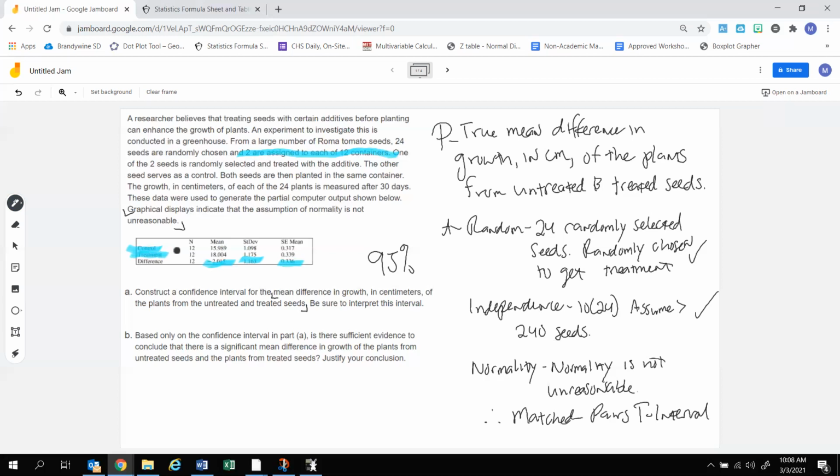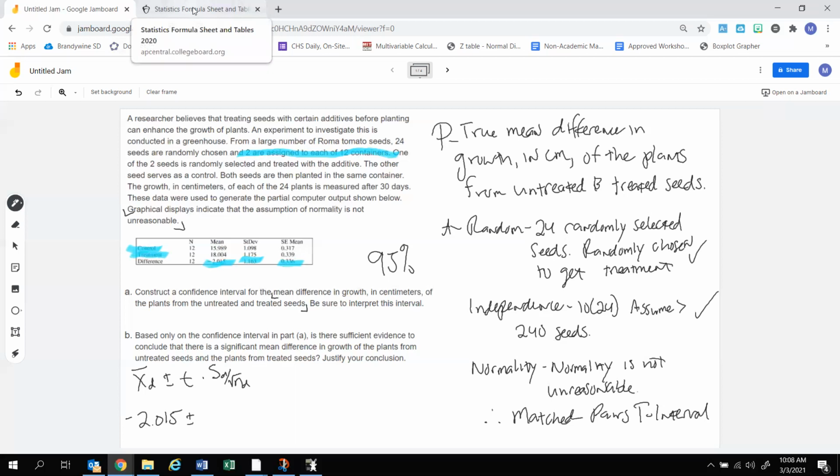All right, so P, A, we named the test. The confidence interval formula is the average difference plus or minus our critical value times standard error. The standard error is the standard deviation of the differences divided by the square root of sample size. We're given the mean of the differences is negative 2.015, plus or minus a critical value.